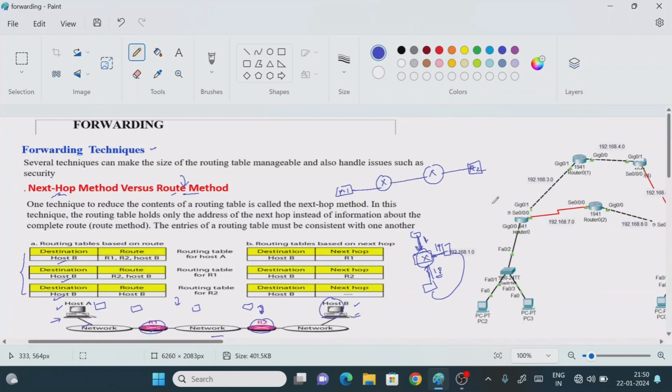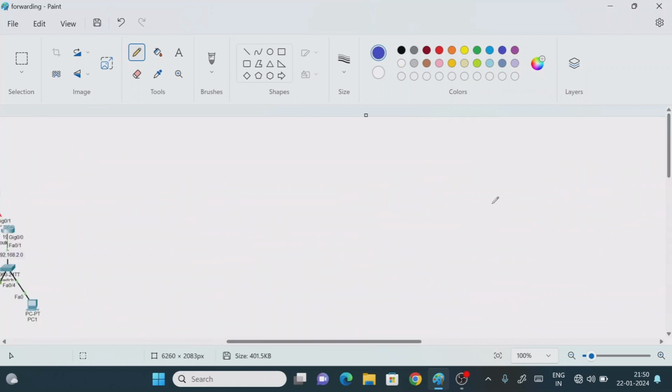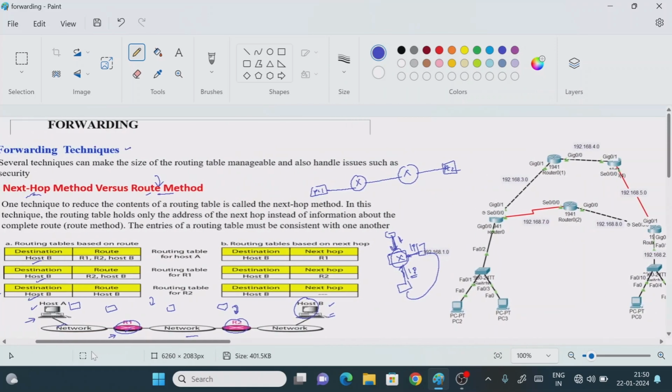Now currently I'm at host A. Host A should know the entire remaining network. It means it should know about router 1 as well as router 2, and one more thing, it should know about host B also.